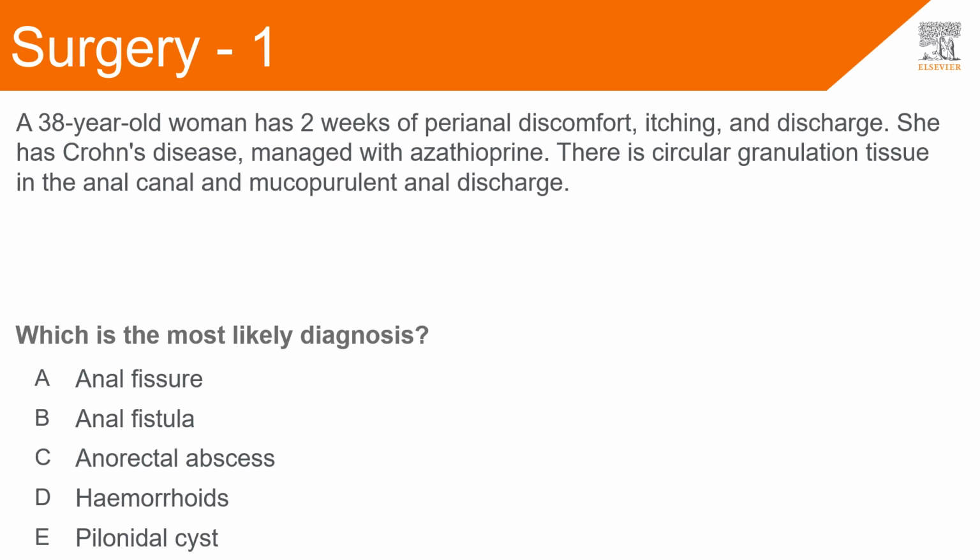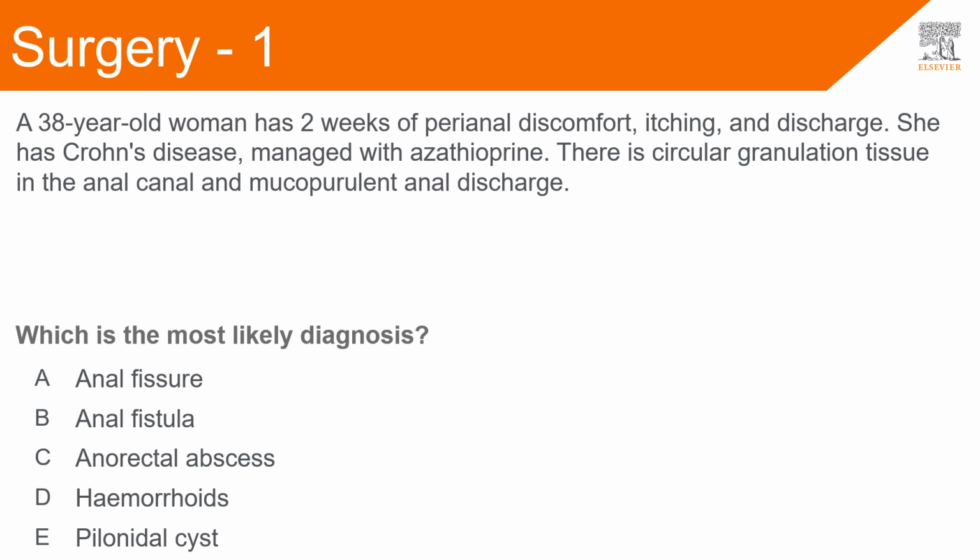Now we can begin with 10 questions covering core topics for the UKMLA syllabus for surgery. Question 1. A 38-year-old woman has 2 weeks of perianal discomfort, itching and discharge. She has Crohn's disease, managed with azathioprine.